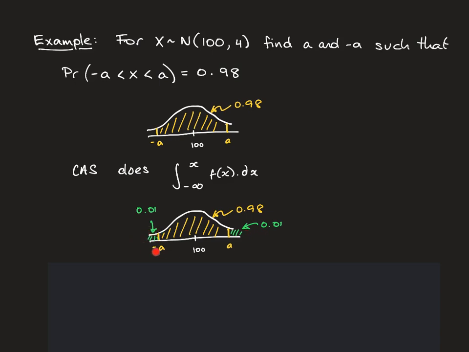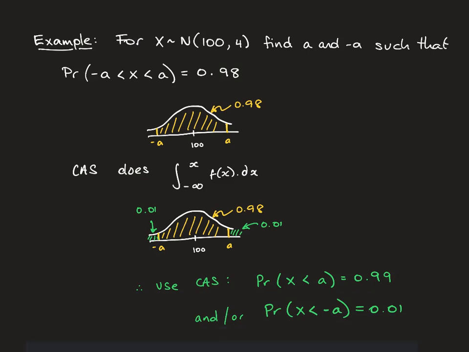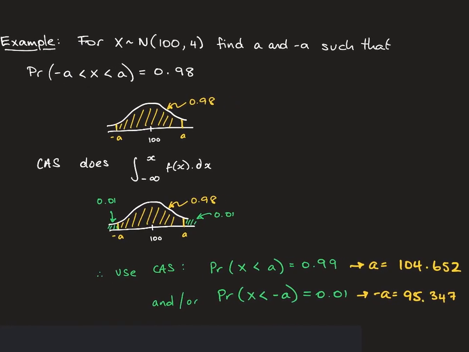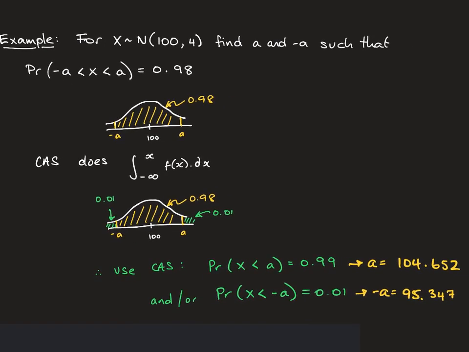And now we can use our inverse normal to find this negative a. So when we put that into our CAS calculator and do that, what we get is for our a value, we get 104.625, and for our negative a value, which is a bit weird, but we get 95.347.